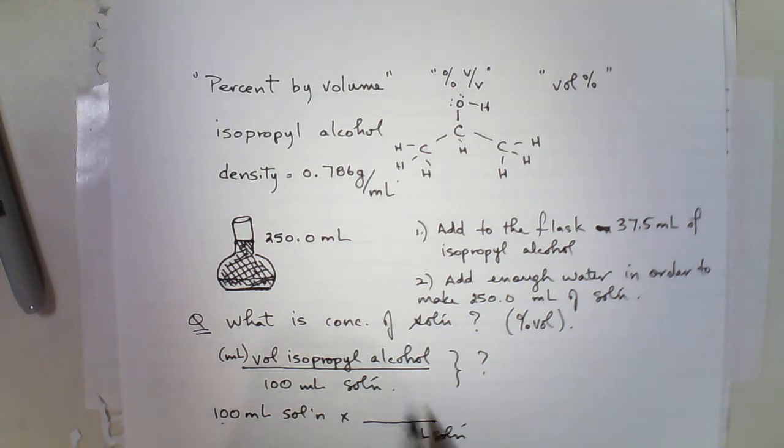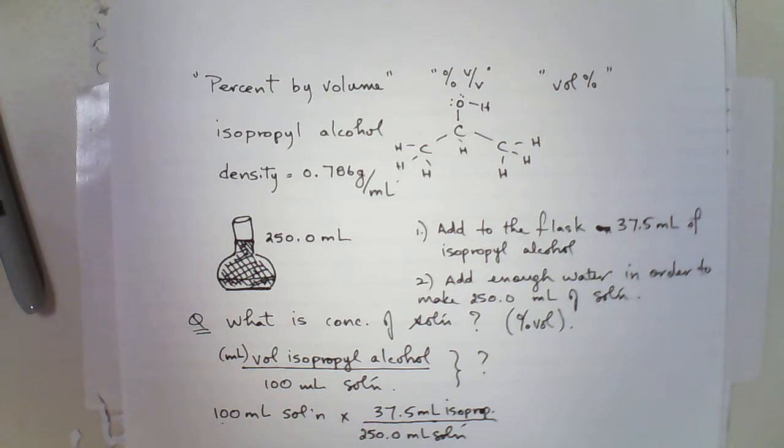I know that in 250.0 milliliters of solution, I have 37.5 milliliters of this isopropyl alcohol. And so my milliliters of solution will cancel out, and I get this number.